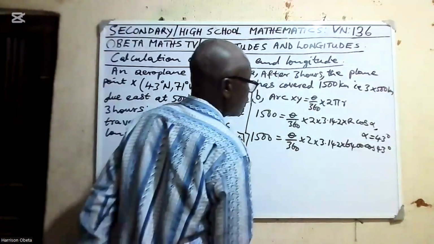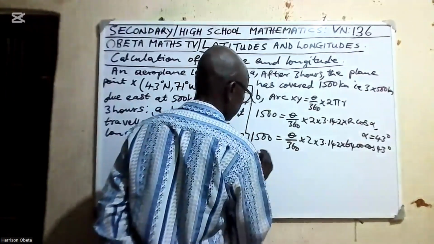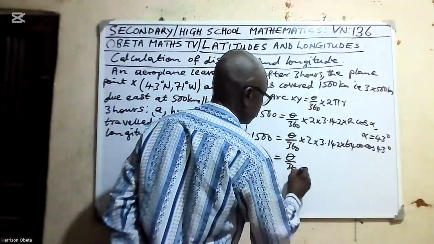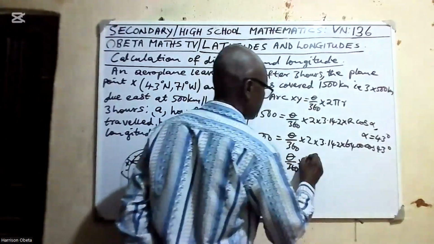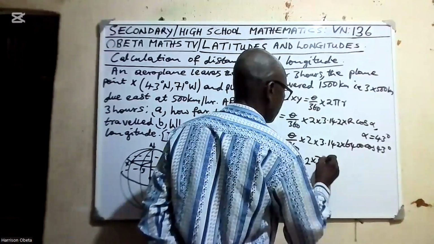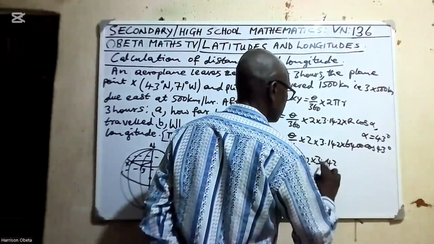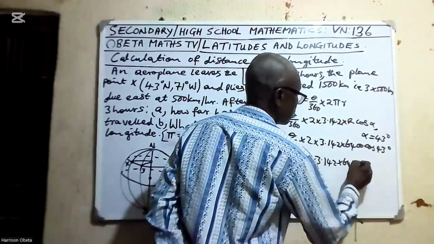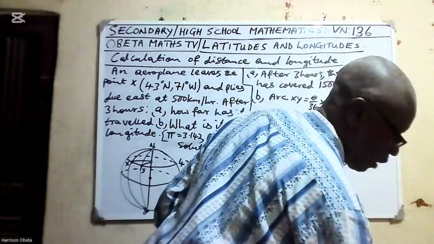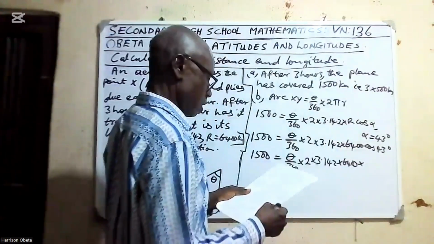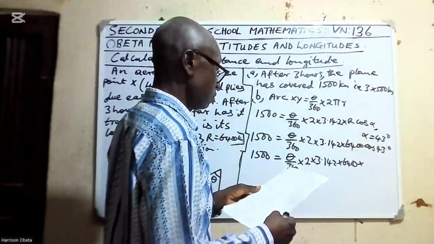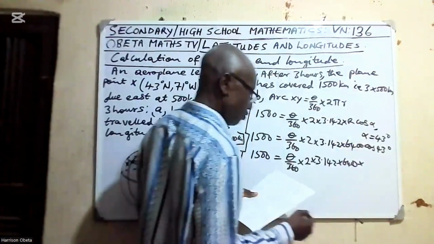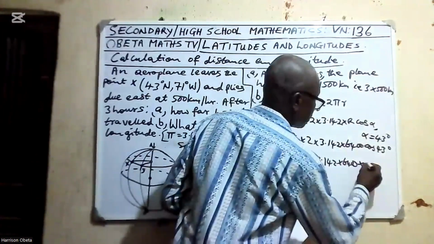Okay, so moving on now, we have 1,500 equal to theta over 360 multiplied by 2 times 3.142 multiplied by 6400 times cos 43. We check our calculator and we have 0.7314.